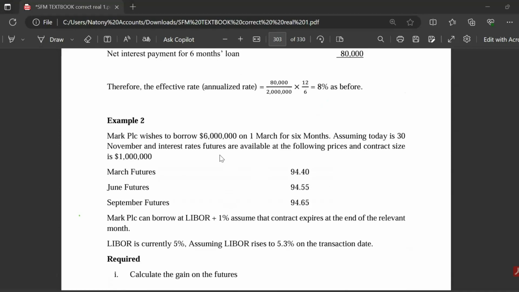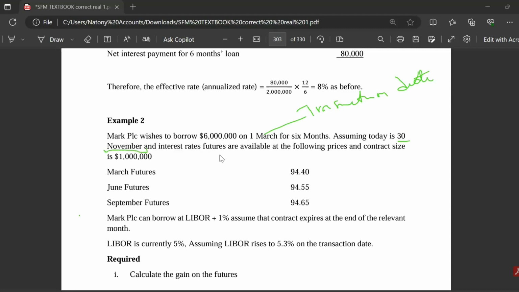Mark PLC wishes to borrow 6 million on 1 March for 6 months. 1 March is the transaction date. Assuming today is 30 November, today's date.